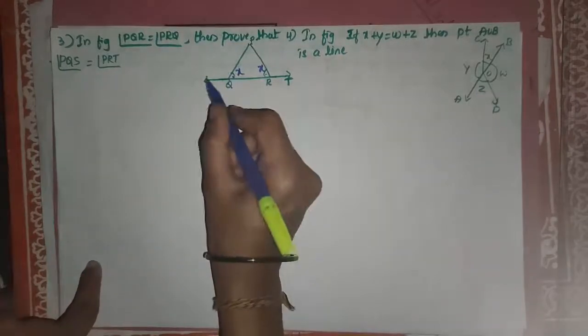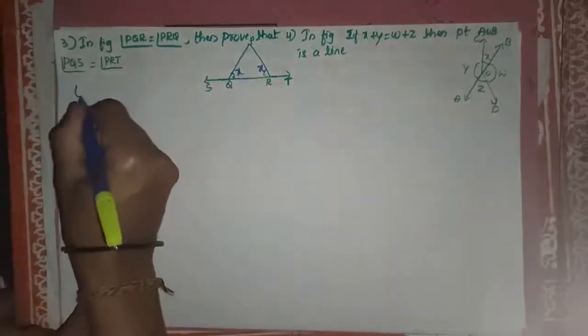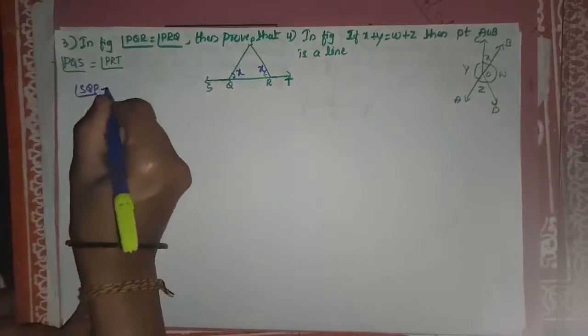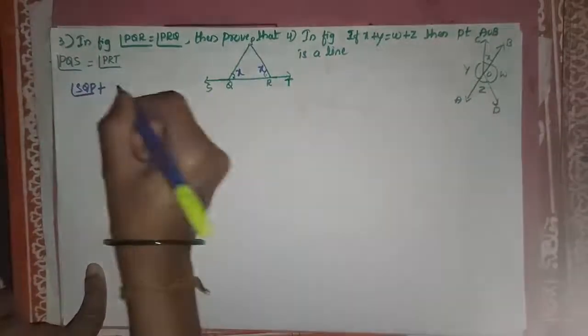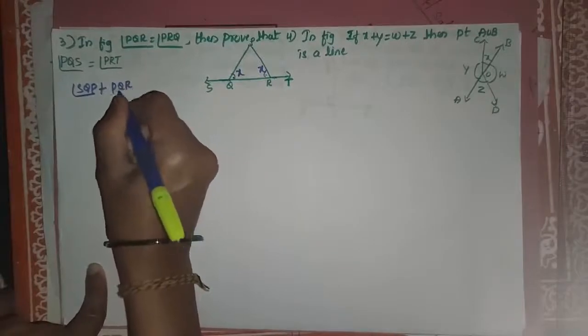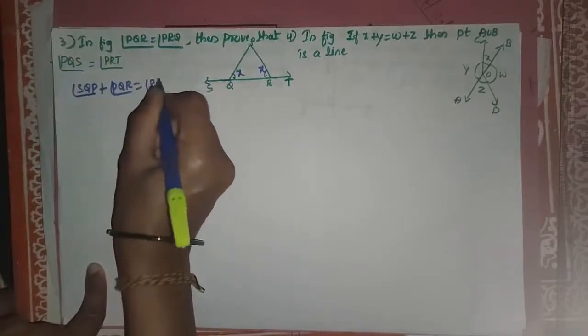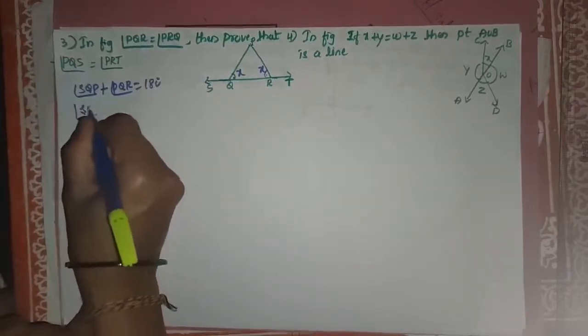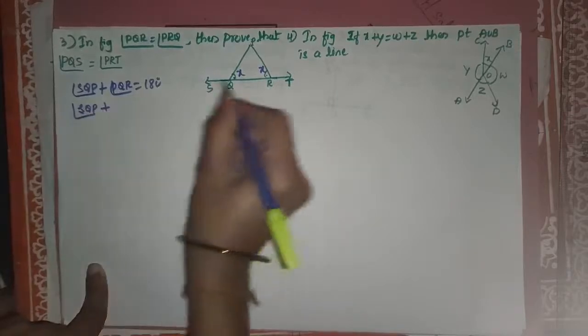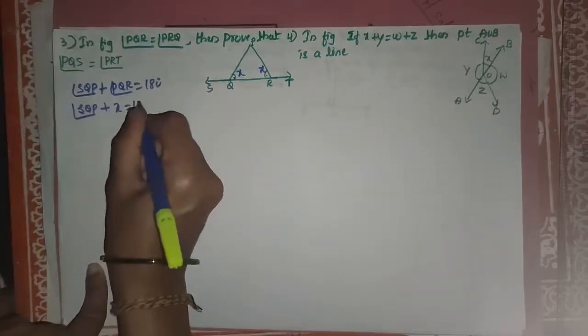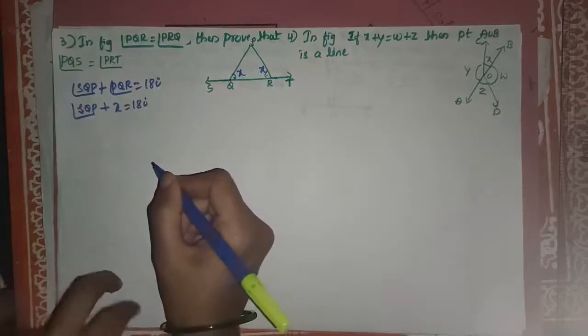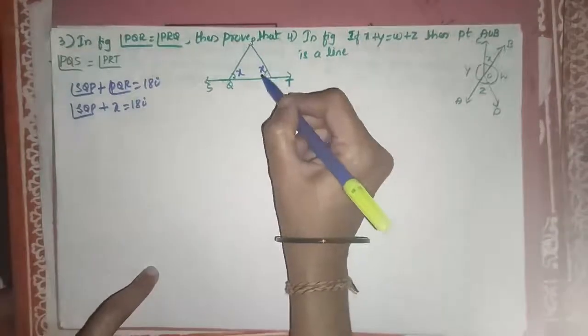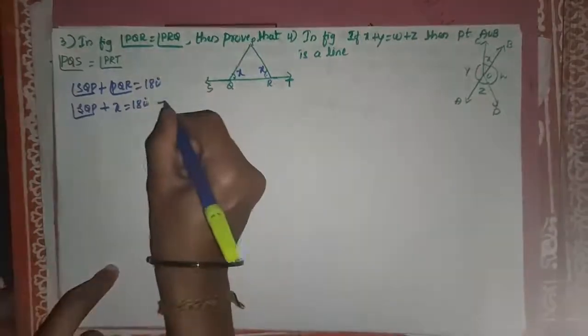That is SQP plus PQR equals 180 degrees. I write SQP as it is plus PQR as X equals 180 degrees. I call this equation number 1.